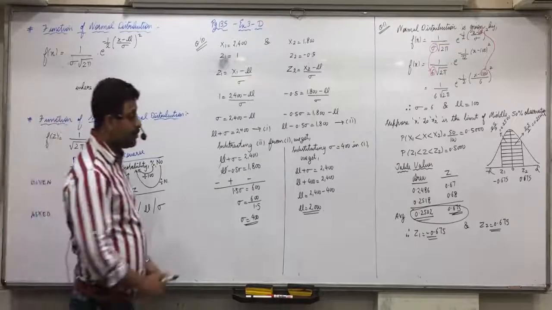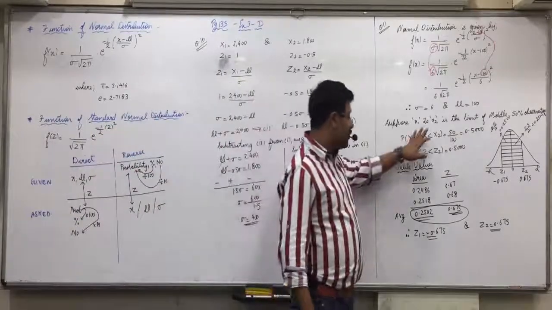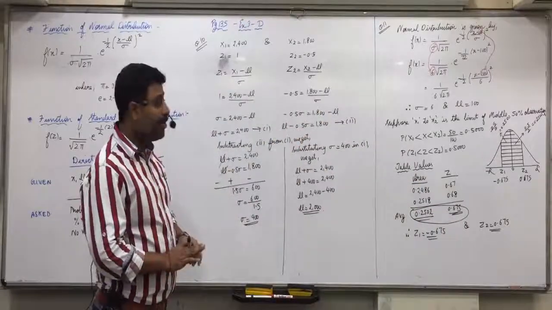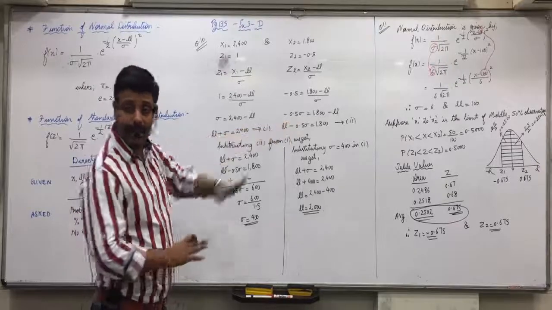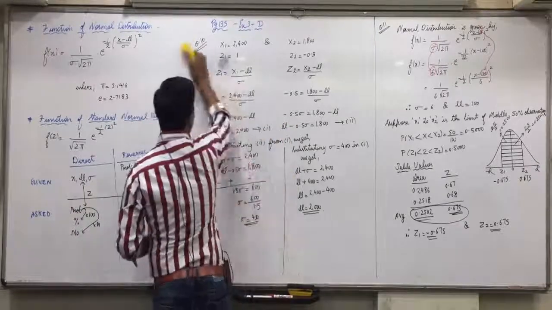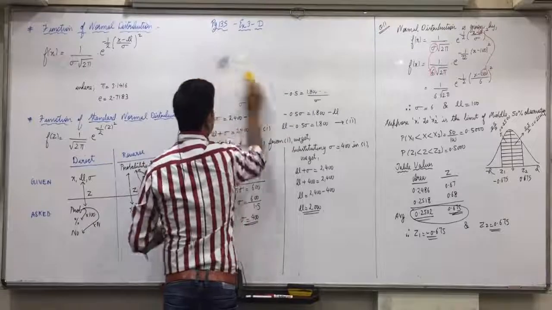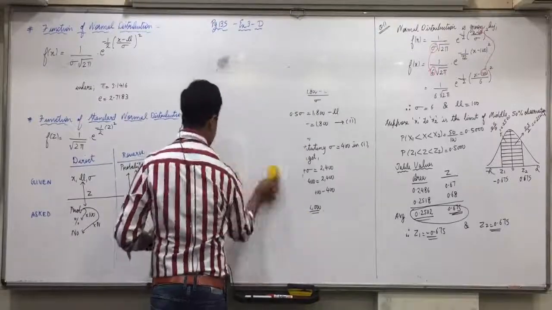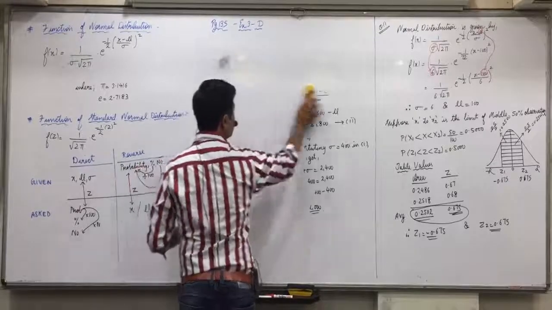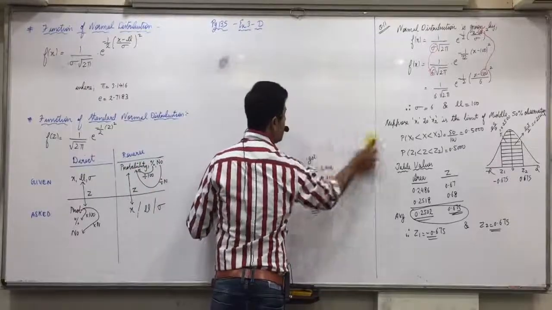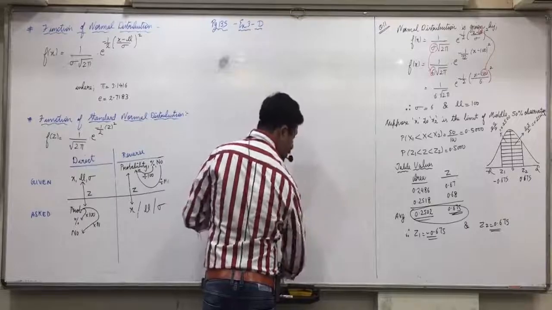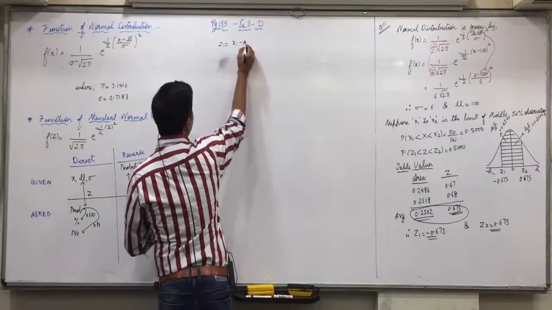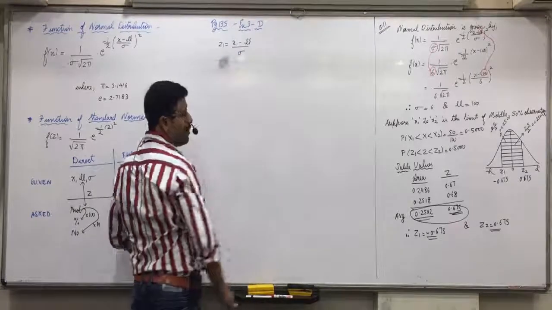Now x1, x2 are to be obtained from this formula. Mu and sigma we already obtained in the beginning. So see here, z1 is equal to x1 minus mu upon sigma.